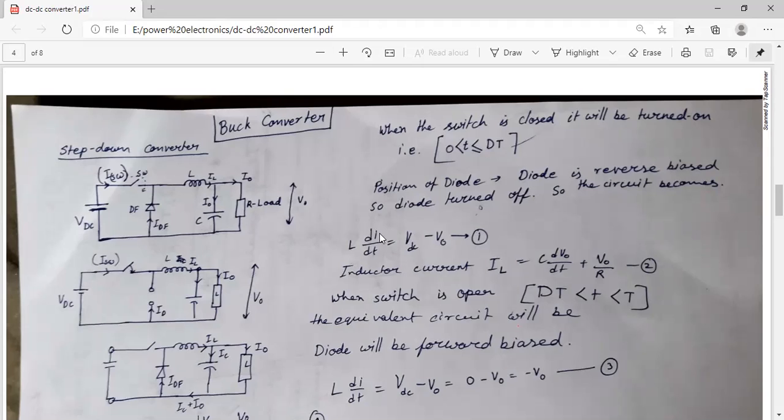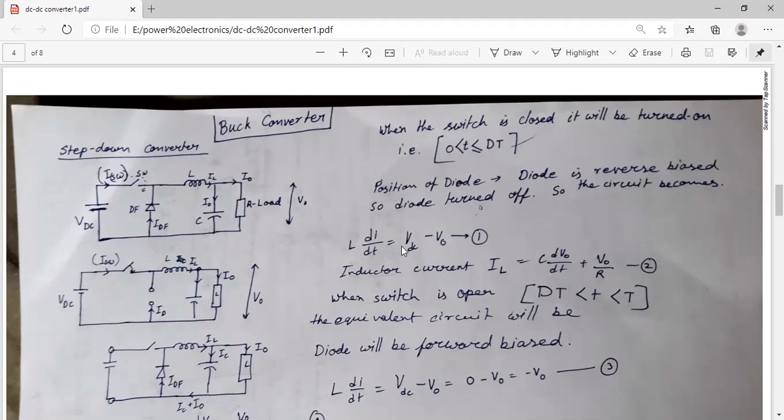Now, in this case, the inductive voltage will be L di by dt, and this inductive voltage will be equal to VDC, the supply voltage, minus the load voltage or output voltage. The inductive voltage drop will be this.